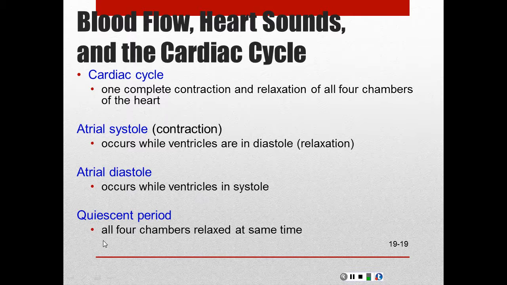Quiescent period is when all of the chambers are relaxed at the same time. This is a very brief moment when everybody's relaxed, between the T and the P, with a slight little relaxation right in there, and then everybody starts working again.